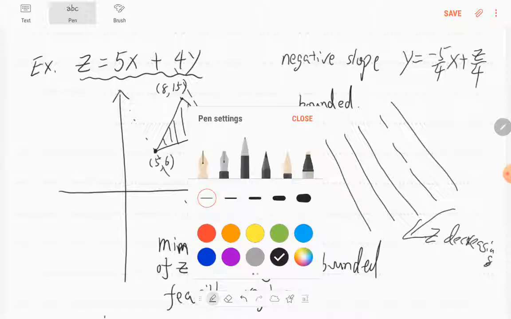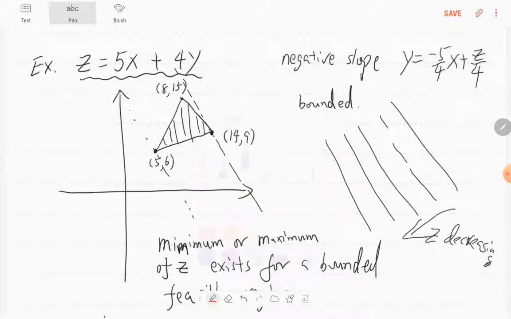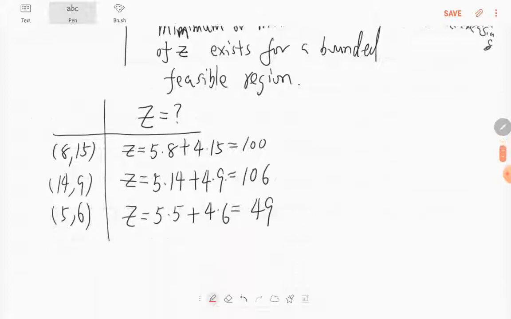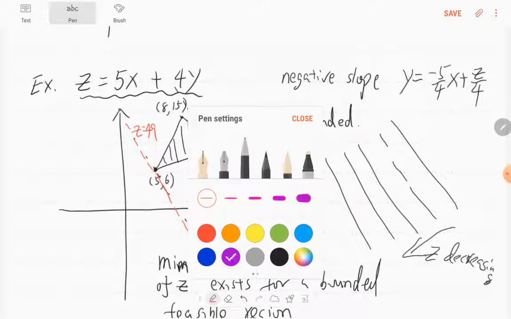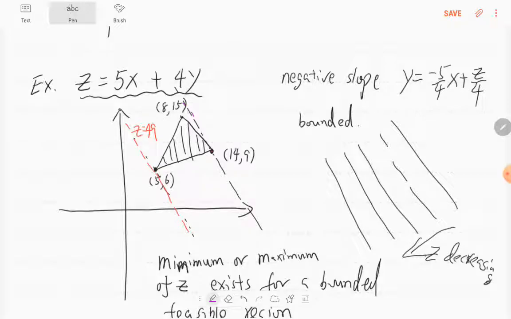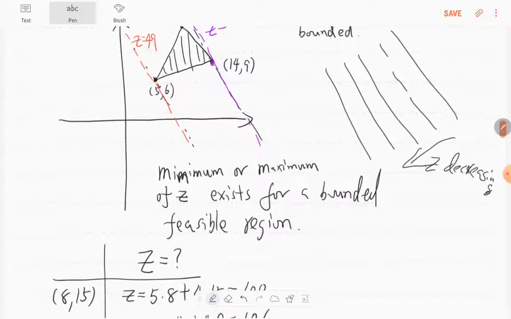This point will give you the maximum z value, and this point will give you the minimum z value. We use different colors. This is the minimum z value at this point, which is z equals 49. And at this point, this line represents z equals 106.